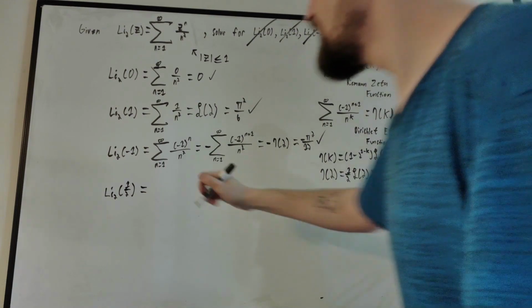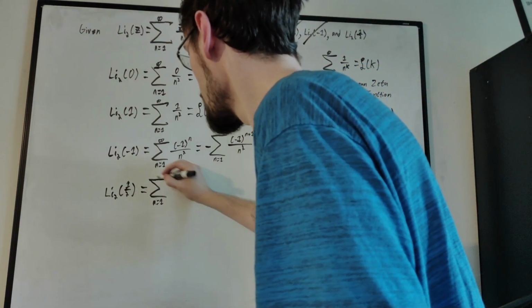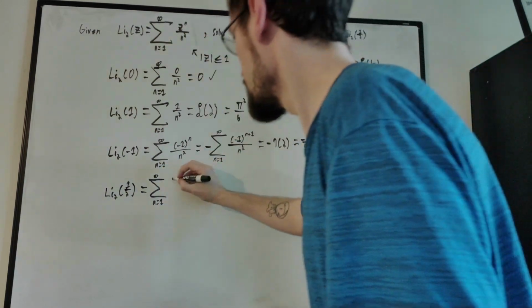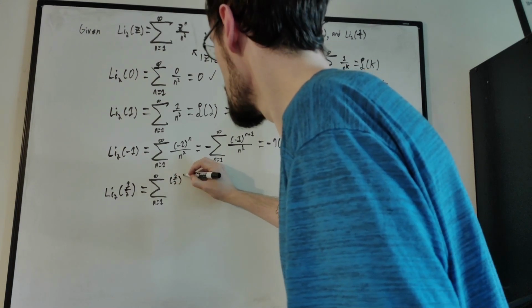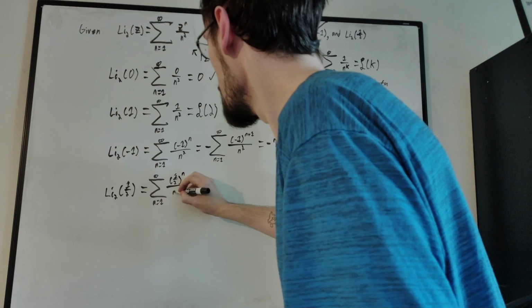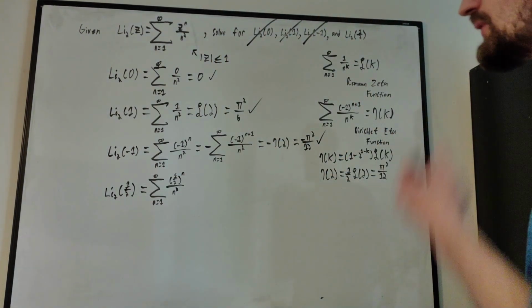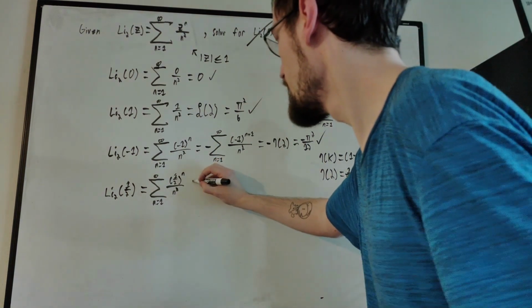Writing out the series here. N ranges from 1 to infinity as usual, but now we plug in 1/2 for z, over n squared. Okay, well, what can we do with this here? Well, let's go ahead and make this look nicer.